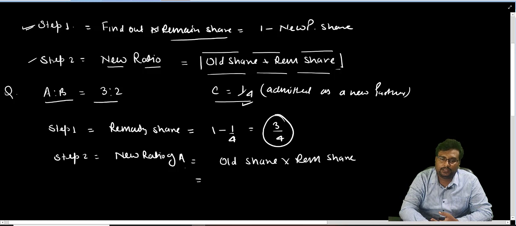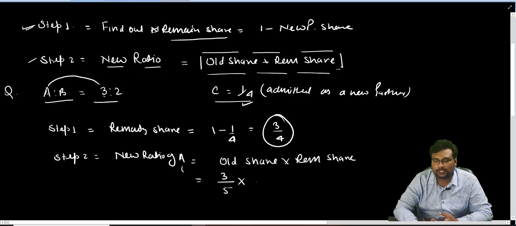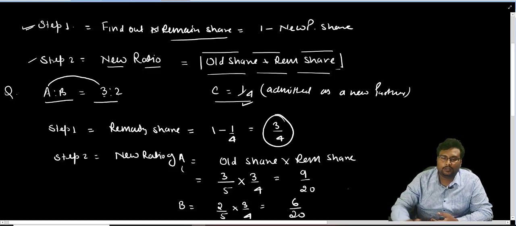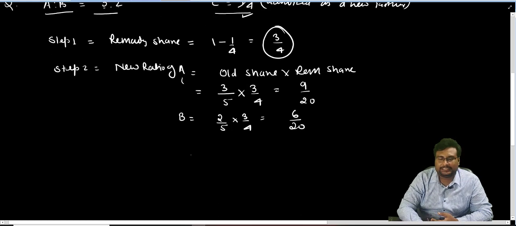Old share of A, how can we find out? 3:2, so 3 is the part of A. So 3 divided by 3 plus 2, which is 5, into remaining share. Remaining share is 3/4. So 3 threes are 9, divided by 20. Similarly, B's share will be 2/5 into remaining share 3/4, which will be 6/20.